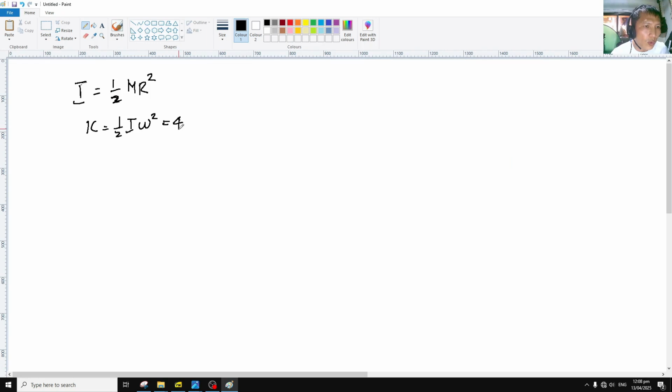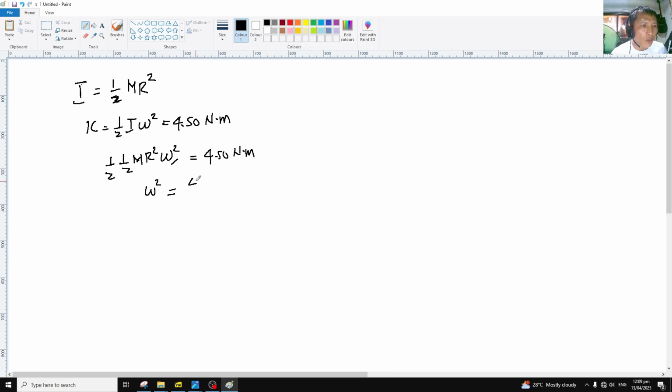So, dito yung 4.50 Newton meter, joule. Tapos yung I dito, i-plug natin yung 1/2 mr squared, omega squared. So, ito yung I mo at ito yung formula mo. 4.50 Newton meter. So, we can calculate this omega. Diba?